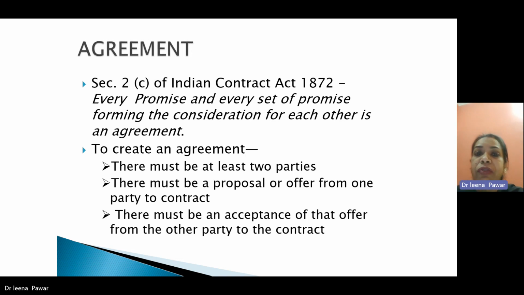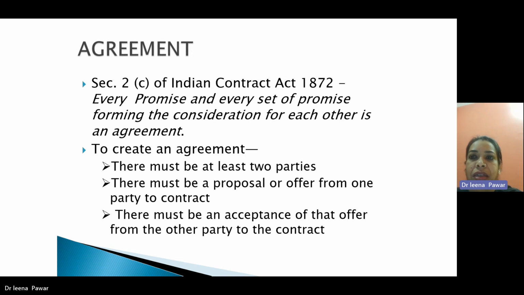And for the agreement to be enforceable by the law, it must possess the essential conditions of the valid contract as defined under section 10 of the Indian Contract Act.